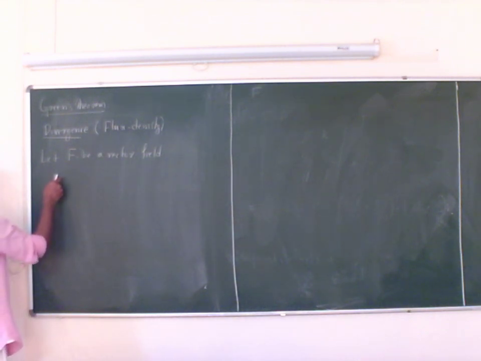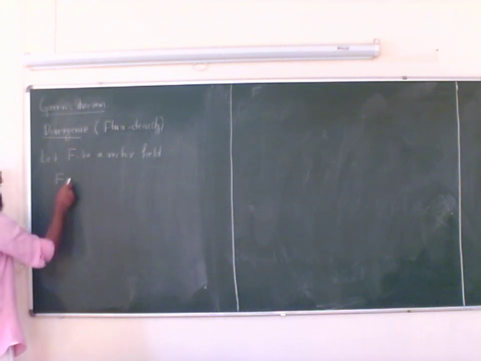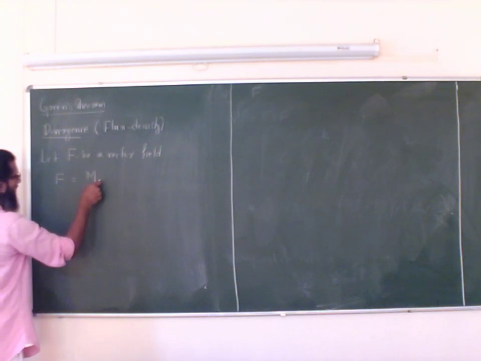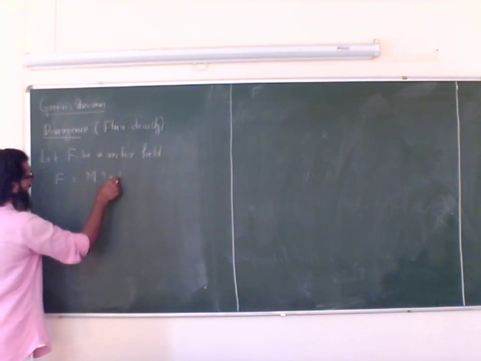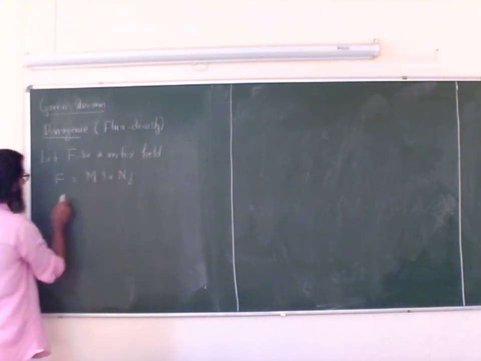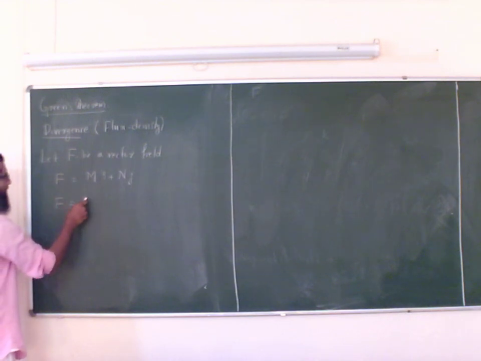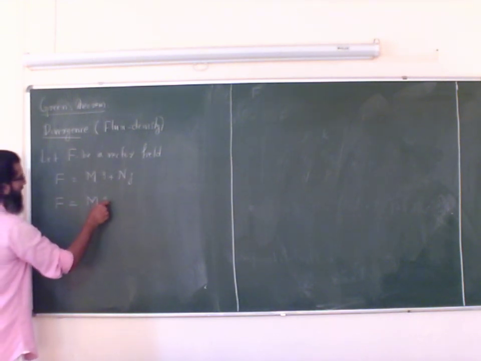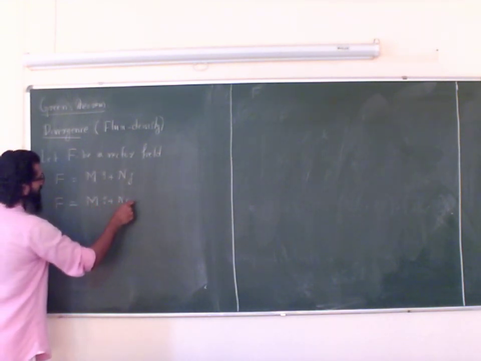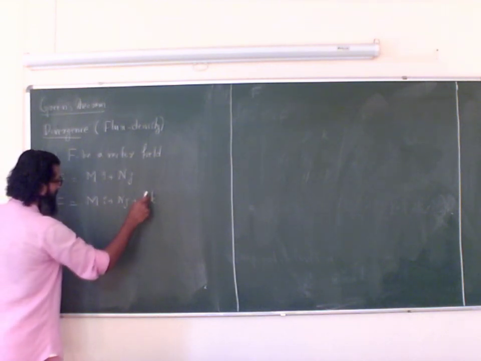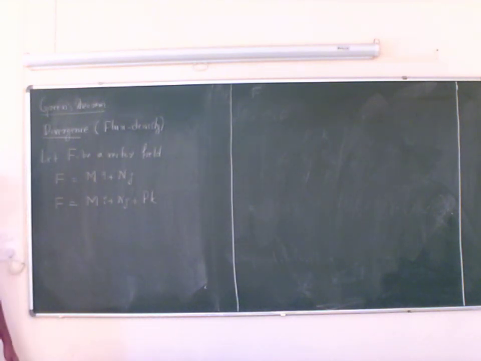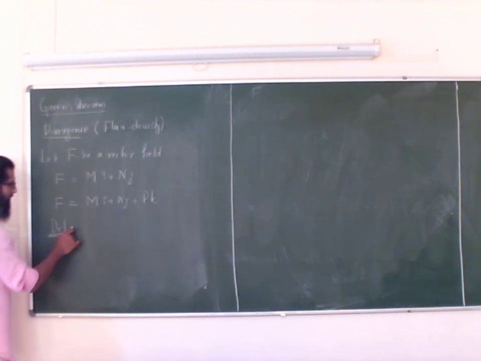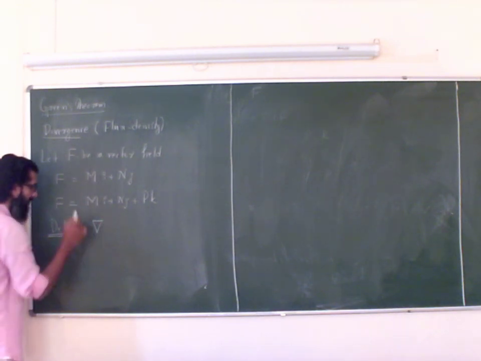If it's a 2-dimensional vector field, it has the general form Mi plus Nj, and if it is 3-dimensional, it has the form Mi plus Nj plus Pk, where M, N and P are functions of x, y, z. And I have another operator. Its name is the del operator, denoted by this symbol.